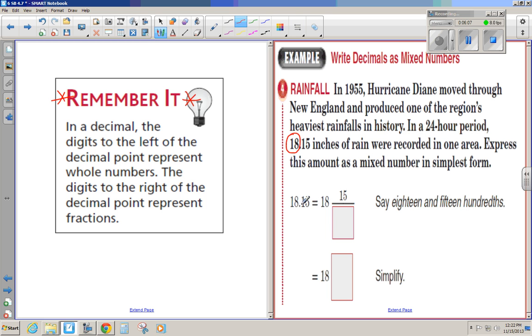So basically you're just looking at 0.15, which is 15 hundredths, which means you divide by 100. And the 18 is just along for the ride. So 15 over 100, you should see automatically is divisible by 5. At least I hope you see that. And that makes the top number 3 and the bottom number 20. So 18.15, that's 18 and 15 hundredths, ends up reducing to 18 and 3 twentieths.